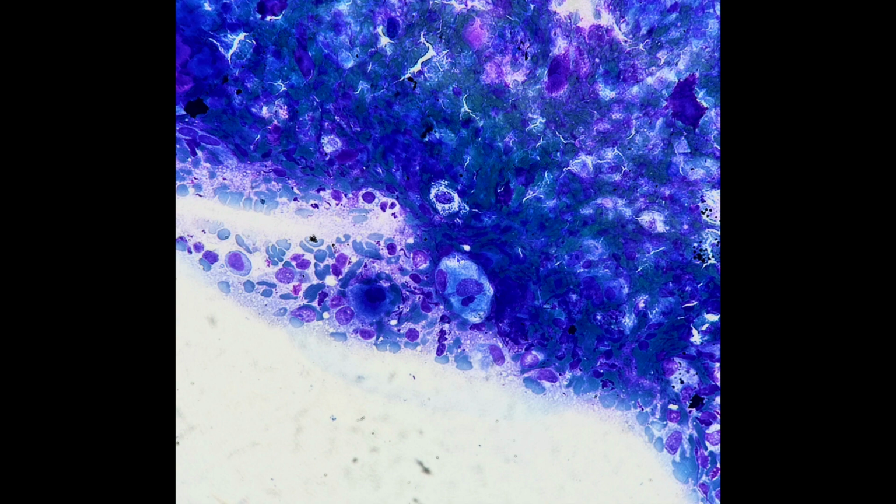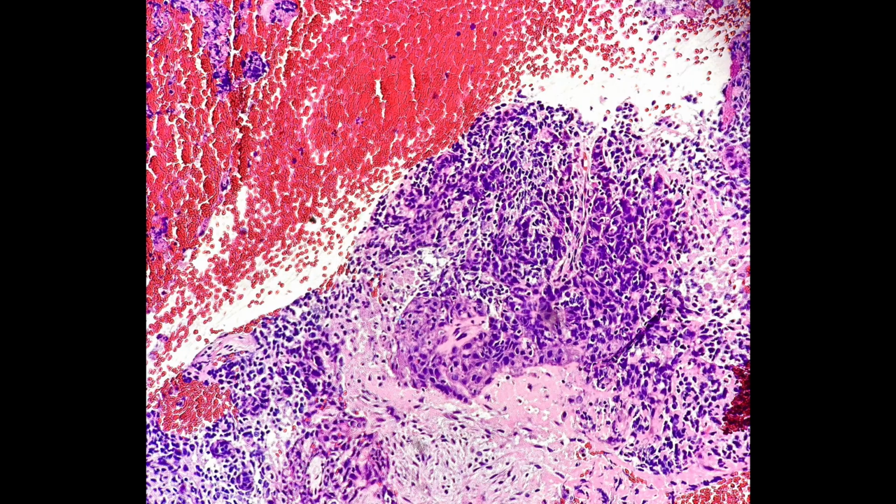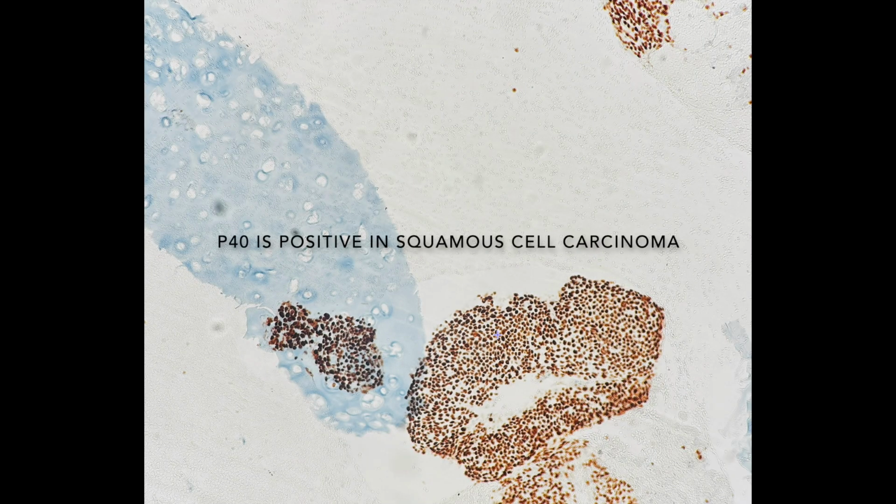They're polygonal, with well-defined borders, and here's a corresponding PAP where we can see some orangiophilia corresponding to some keratinization. So as you probably have guessed, this is the cell block for squamous cell carcinoma. And you would be right, P40 is nuclear positive, as you can see here.